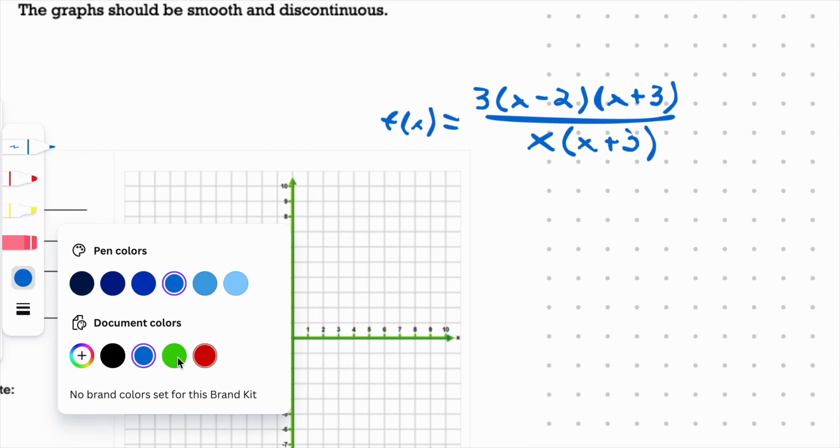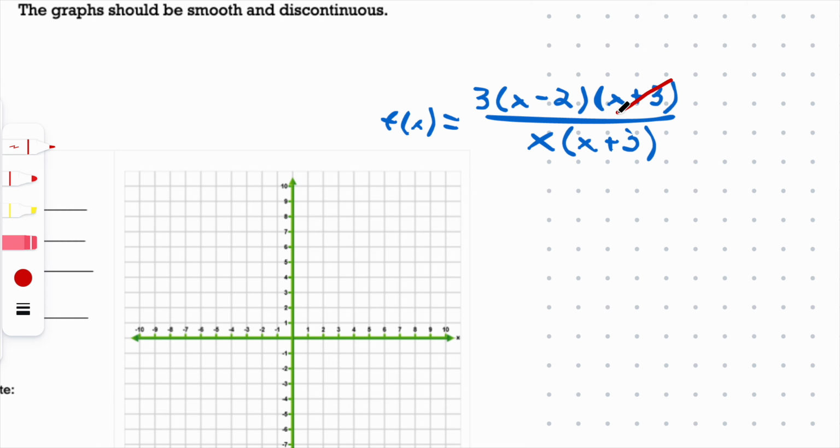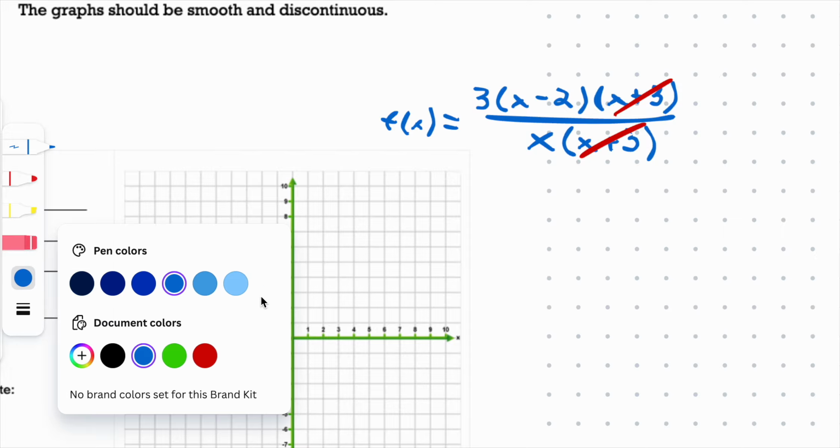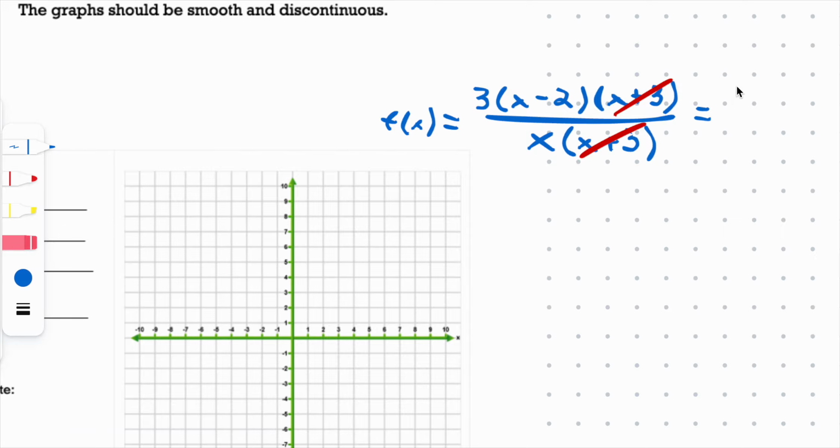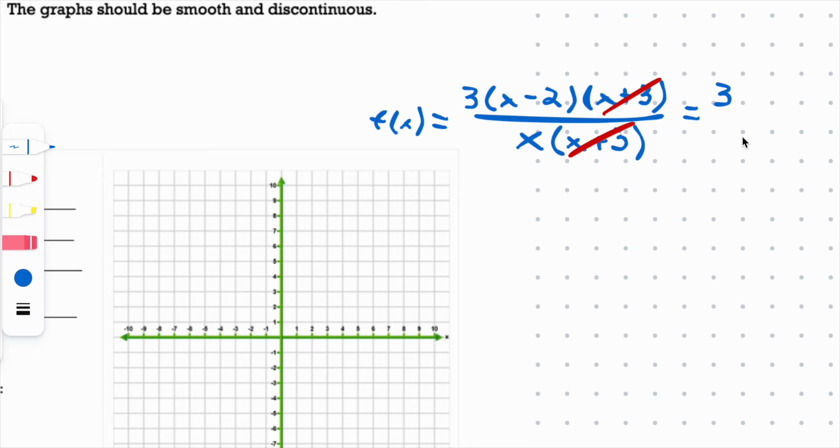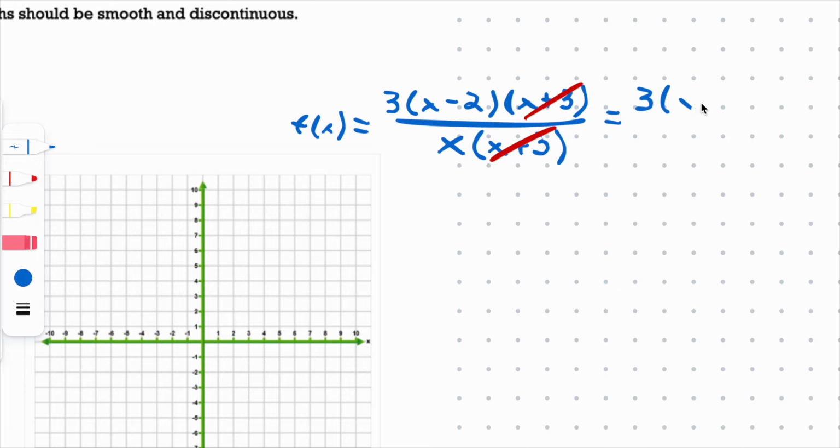So in that case, we can cancel out both of these from the numerator and the denominator. And that's going to give us this function. 3 times x minus 2 over x.